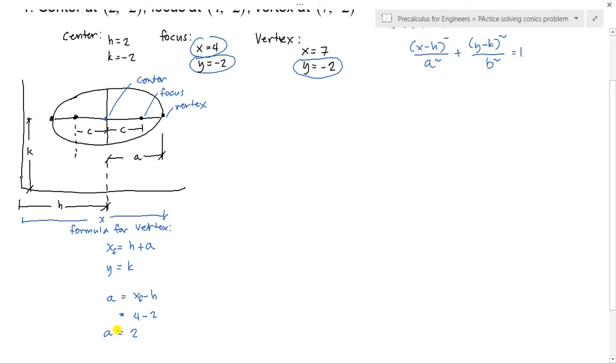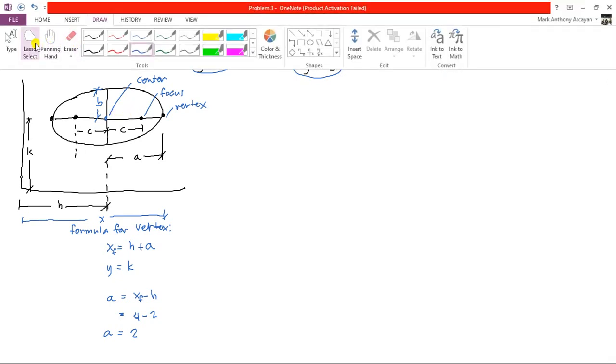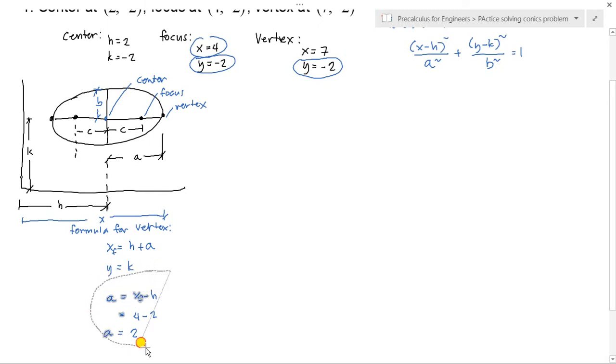How about for b? It is difficult to get b directly, but we have c. Sorry, the point here is the vertex, not the focus, at the tip.